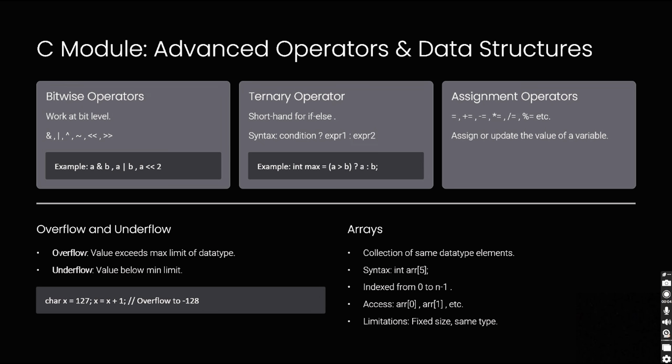We always have to consider overflow and underflow in data. For example, a character can hold only up to 127, so going beyond wraps around. We also used arrays for storing program names, water levels, and more. Arrays make it easier to scroll through the display options on the CLCD.